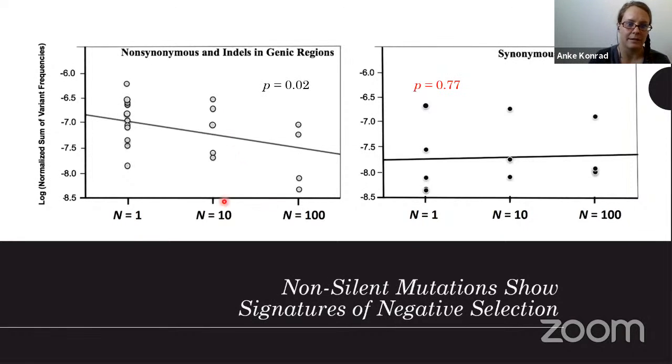Hence it does look like for the non-synonymous and indel mutations, there might be negative selection that acts upon them in the larger population sizes.